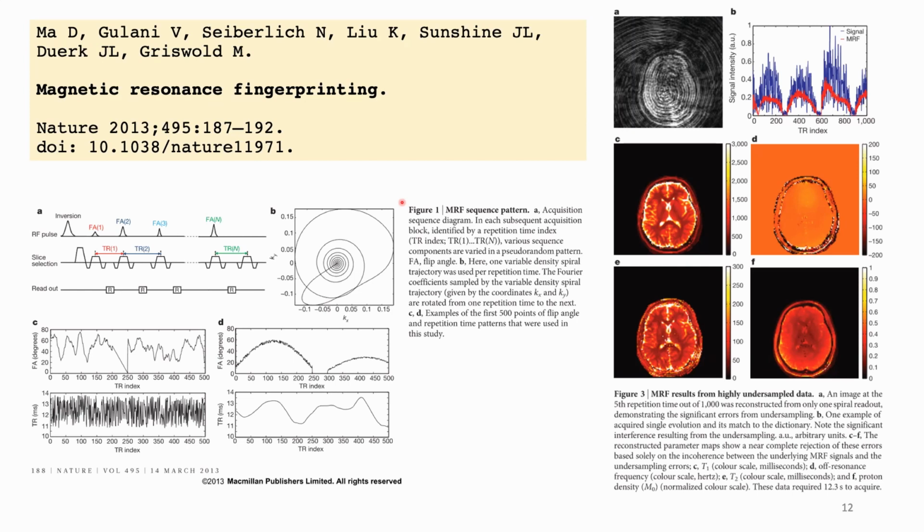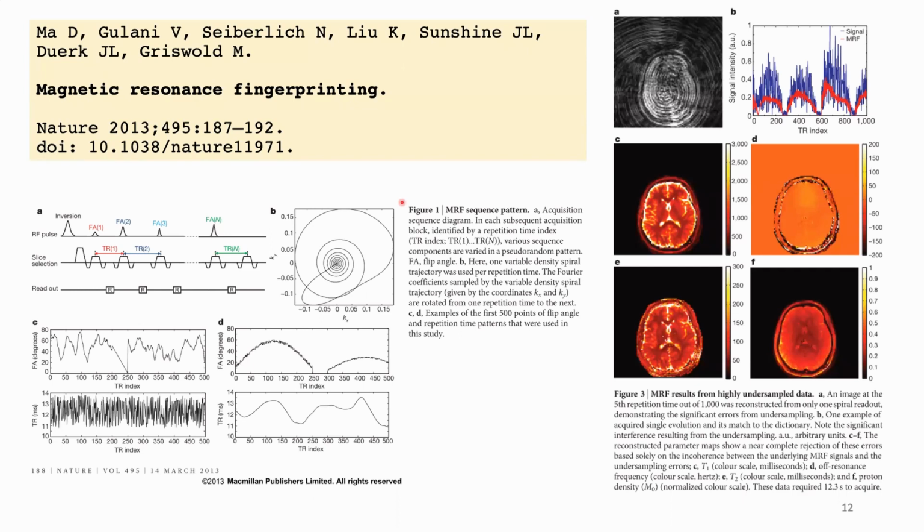And before fingerprinting, we would have done an experiment trying to hit a steady state, and repeating it over and over, but each time varying one parameter at a time. Like, for example, the TR, or for example, there would be an inversion pulse, and then you'd vary the TI, right? And you'd have to repeat this, and then you'd fit a curve to a very simple model, and that would give you T1 at every voxel. But the fingerprint actually tries to work backwards.